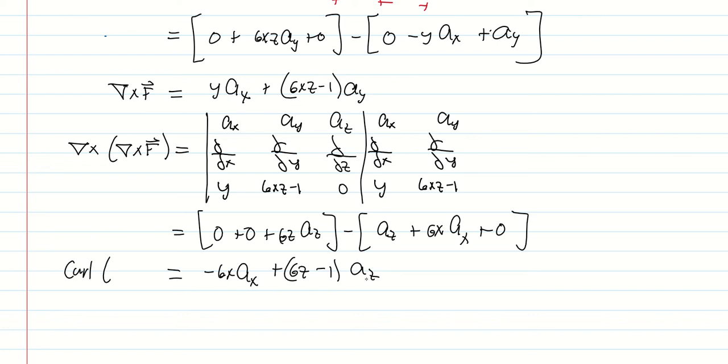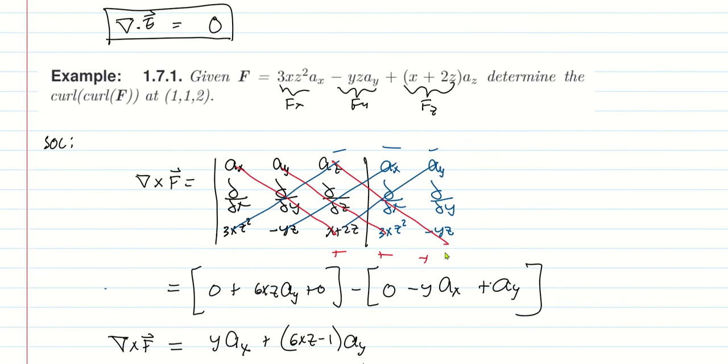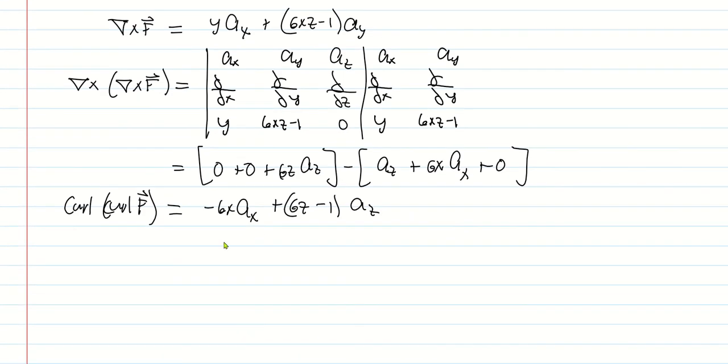Curl of the curl of f. But you want to determine the actual vector at point 1, 1, 2 again. So x is equal to 1, y is equal to 1, and z is equal to 2. So the actual vector now of the curl of the curl of f will now be equal to negative 6 times x, and x is 1, so this will be negative 6ax.